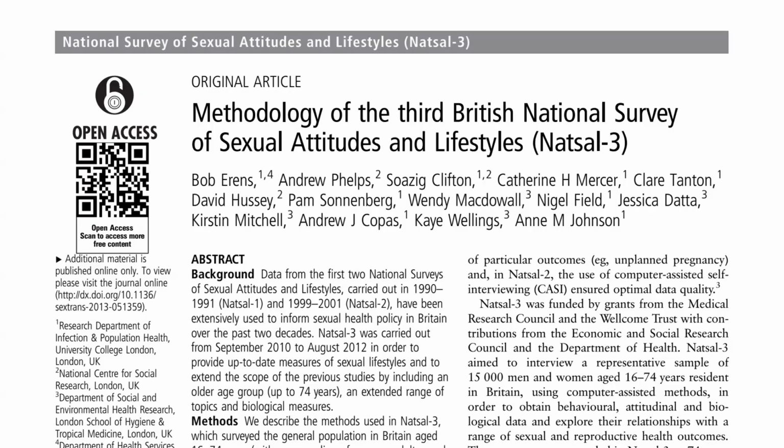So this was the NatSal 3. This British National Survey is a large population. They want to know about the entire British population, spread out over all of England. So this was a perfect situation to use clustered random sampling.